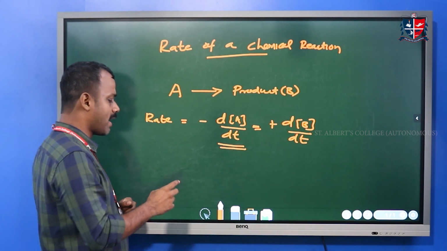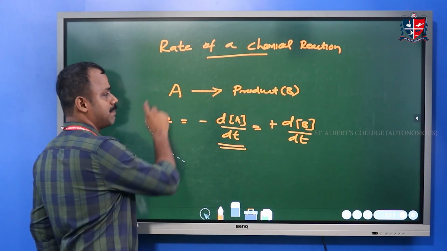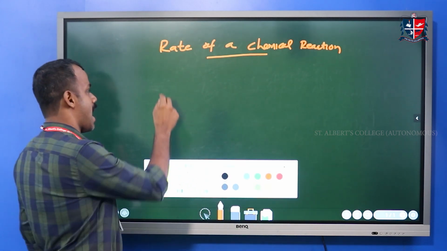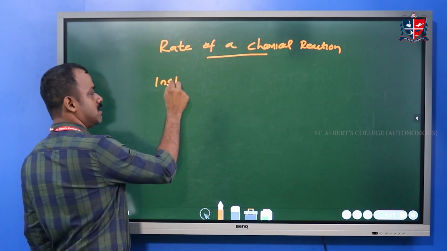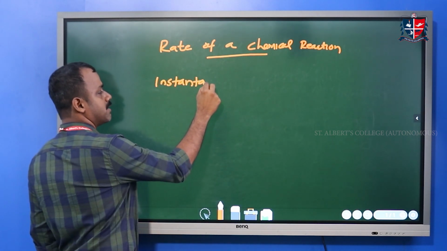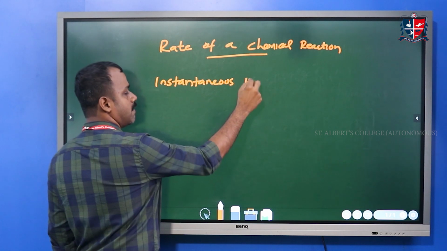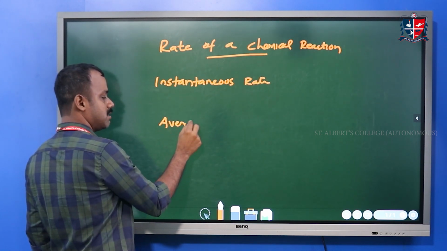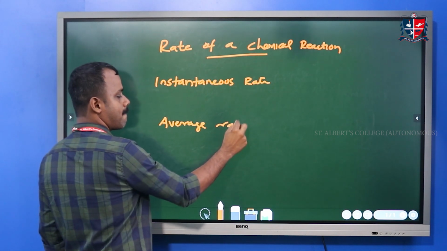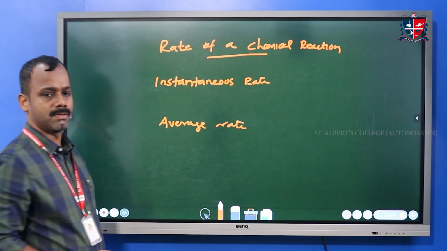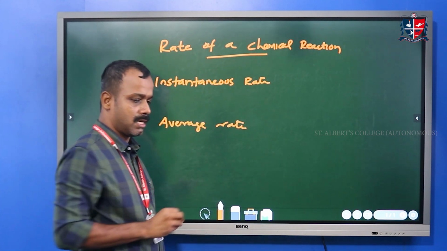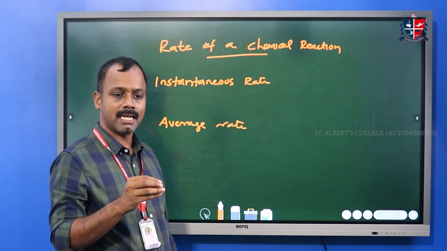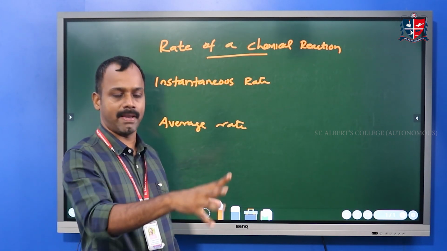Now we have two different types of rate. The first one is instantaneous rate, and the next one is average rate. What is instantaneous rate? Instantaneous rate is the rate of a chemical reaction at a particular instant of time.